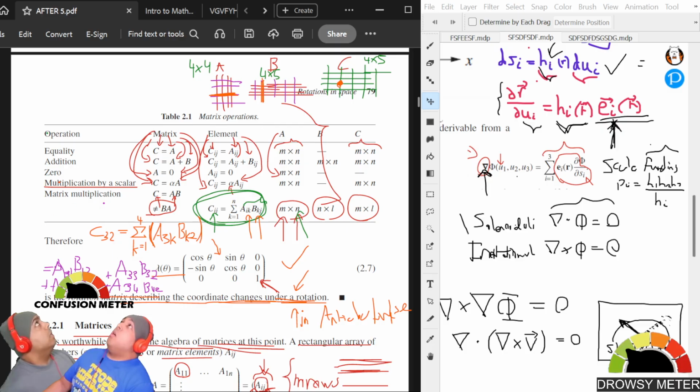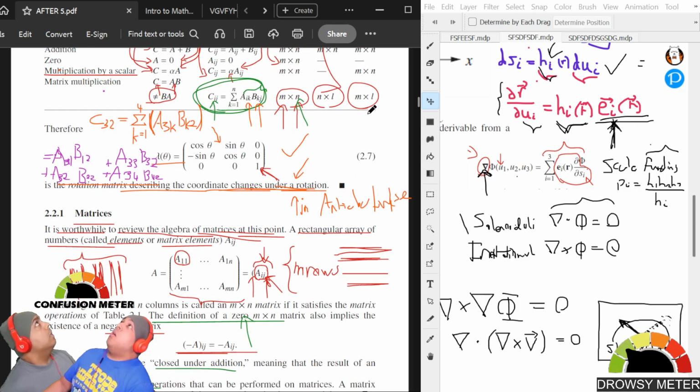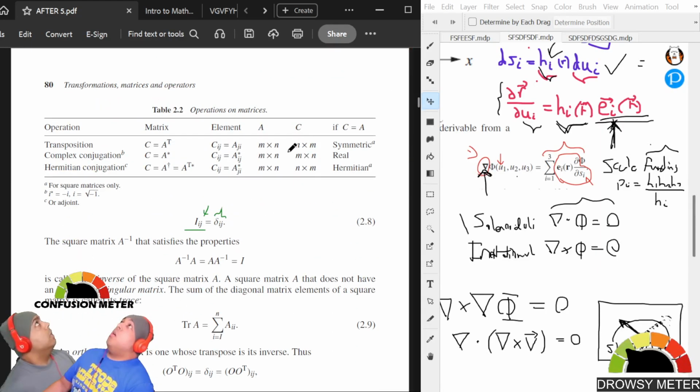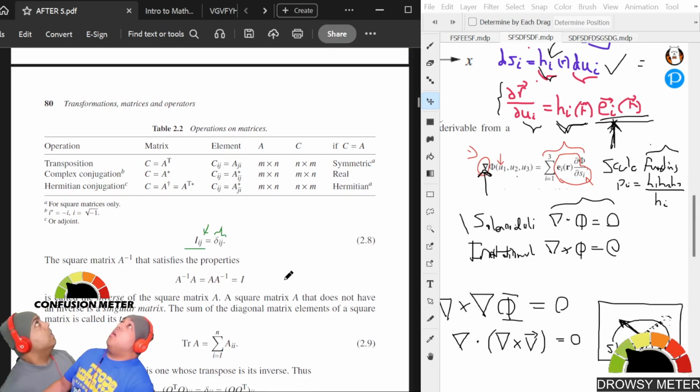Okay, let me get another color. A31 B12, and so on, and we add up all those to get just one number. So it's really complicated. Okay.